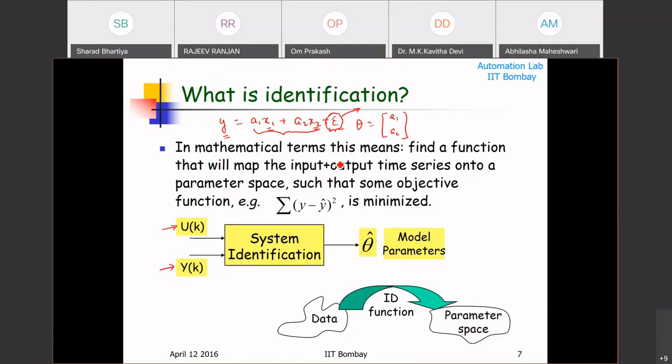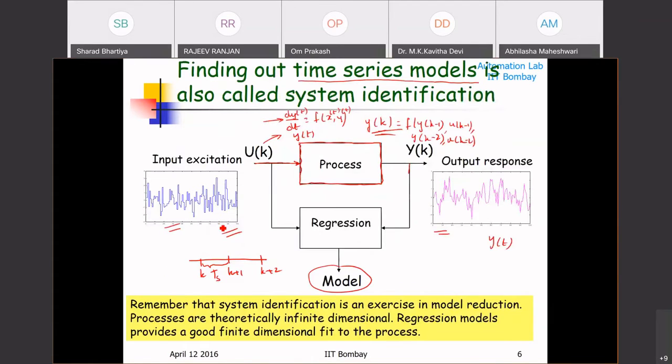And as you must have realized, if you were to repeat this experiment and generate a new set of data, with the same, identical input, you would get a slightly different series. Why is it slightly different?